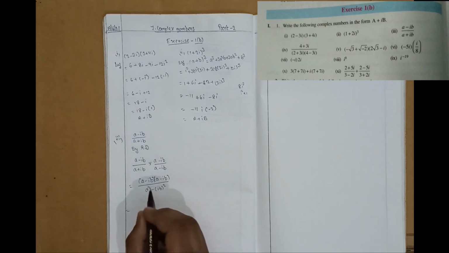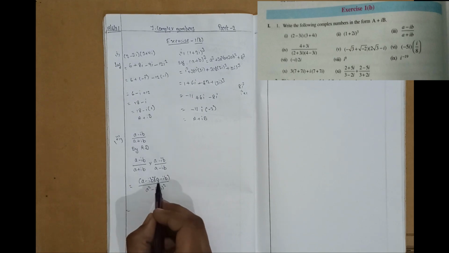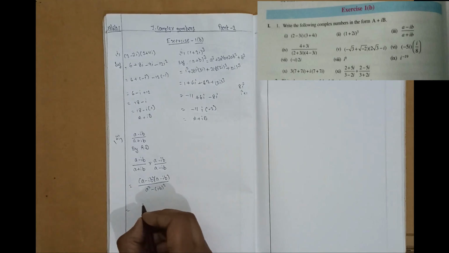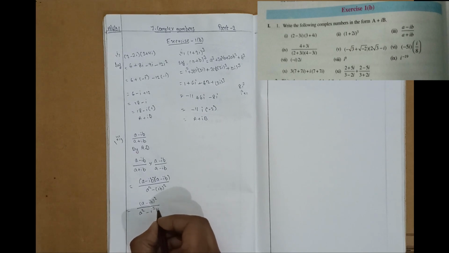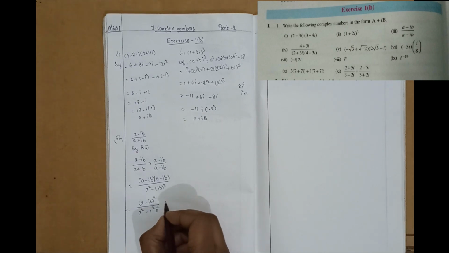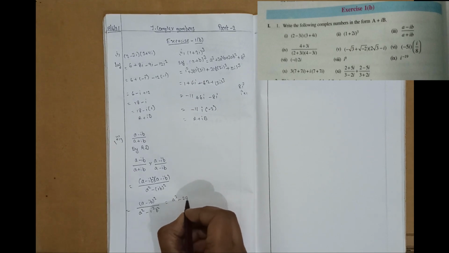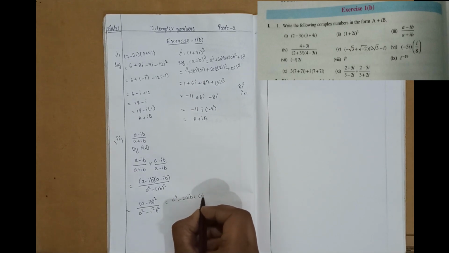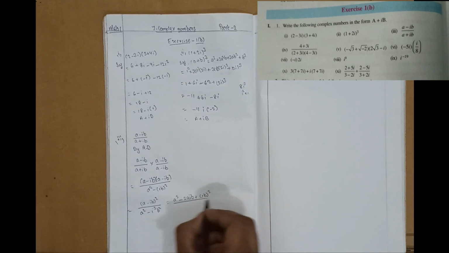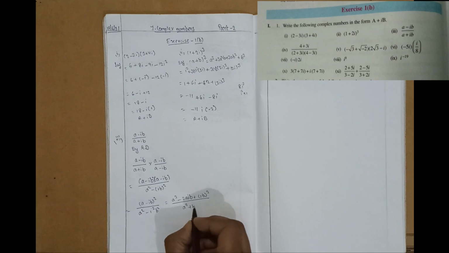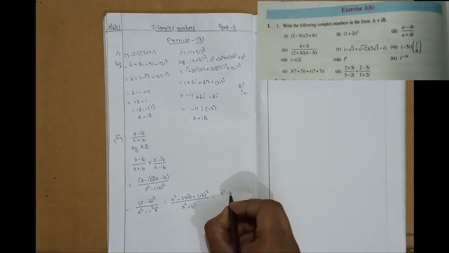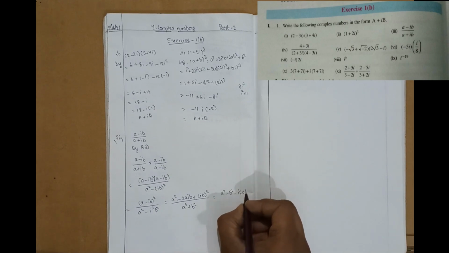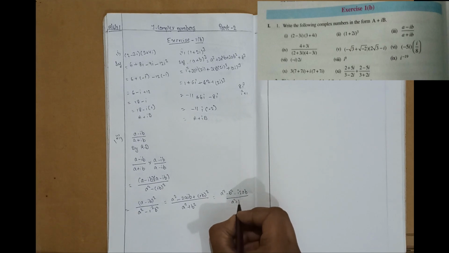Next, these are in the form of (a minus b) whole square, so (a minus ib) whole square, a square minus i square b square, equals a square minus 2aib plus (ib) whole square over a square plus b square, equals a square minus b square minus i 2ab over a square plus b square.